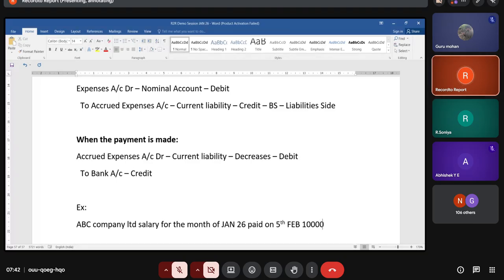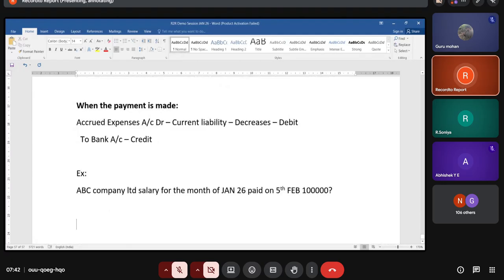Assume it is 1 lakh, for the employees. So what entries does the company need to record at month end? That is Jan 30th, one day before, January 26.